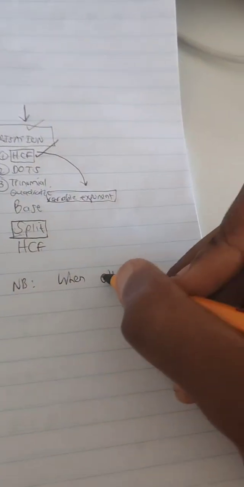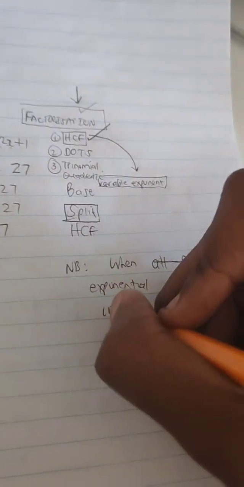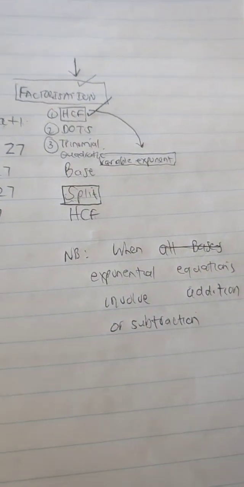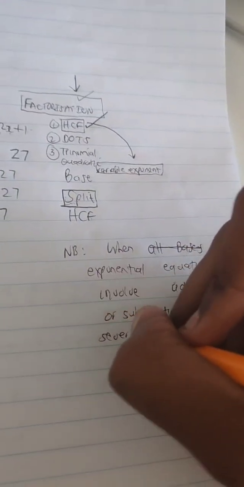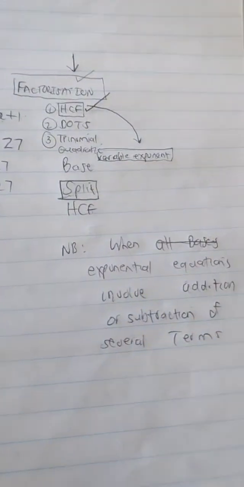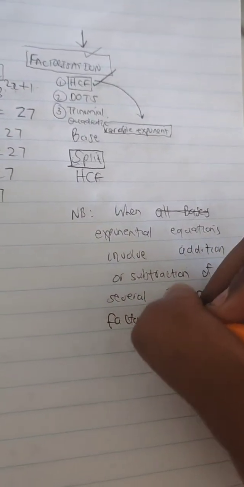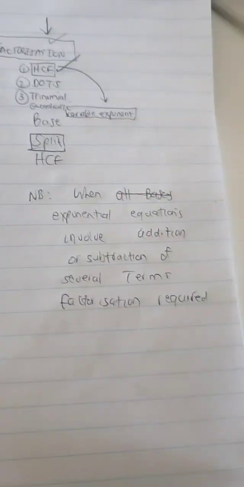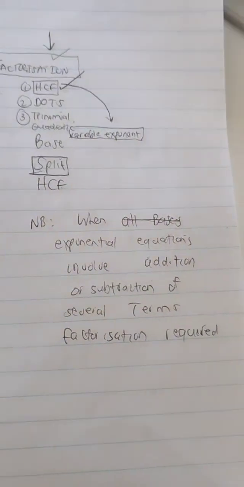When all bases, when exponential equations involve addition or subtraction of several terms, as I explained, terms are separated by a plus and a minus sign, then you will notice that there's a type of factorization that is required, that is needed, that needs to be applied.